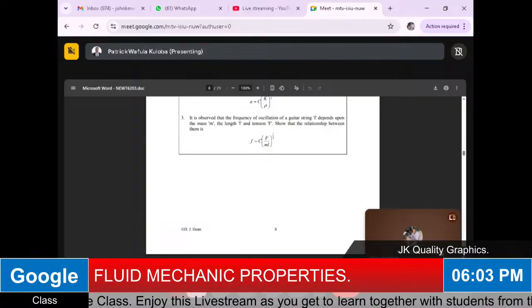F is equal to C into brackets, M raised to A, L raised to B, F raised to C. Take the MLT equations for each of those. The MLT equation for frequency is equal to 1 over T, which is T raised to minus 1. The MLT dimension for length is just length L.